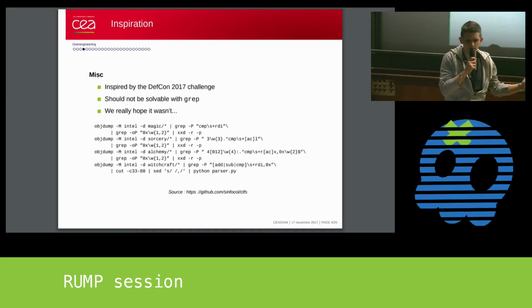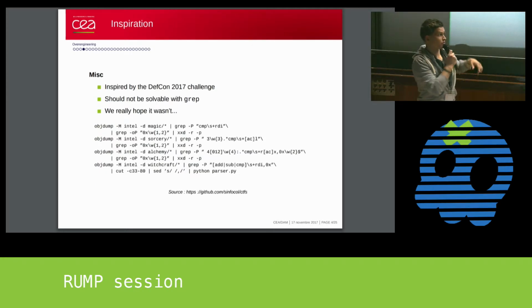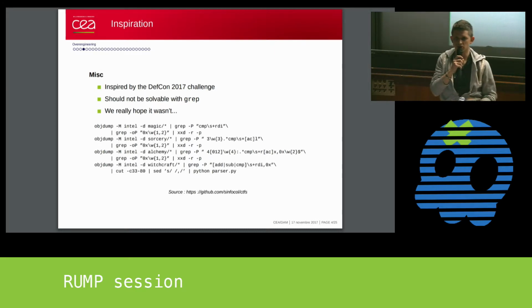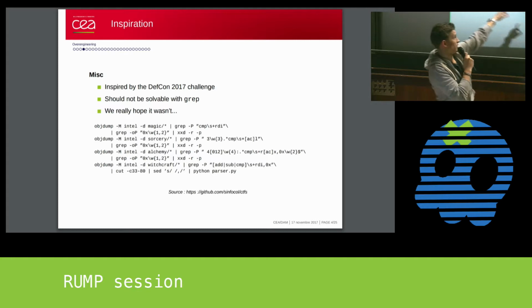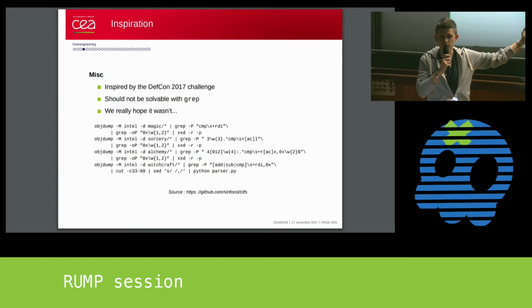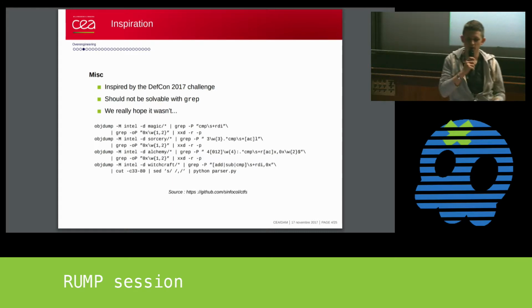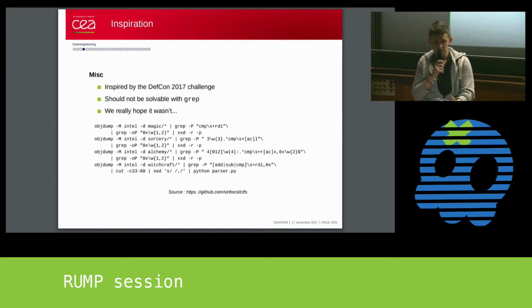The inspiration comes from the T0 DevCon challenge, which I think is 100 different challenges, but here is the solution, which is only based on objdump, grep, and xxd. So we don't want this, okay? Maybe it's solvable with this kind of trick, but we hope it's not.